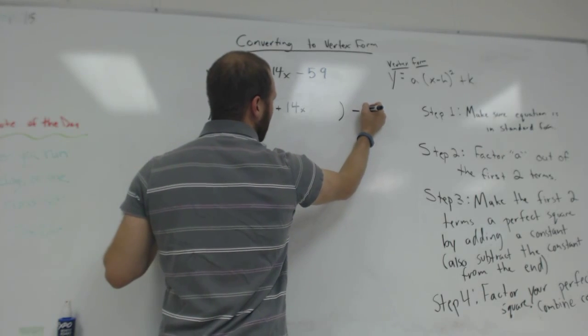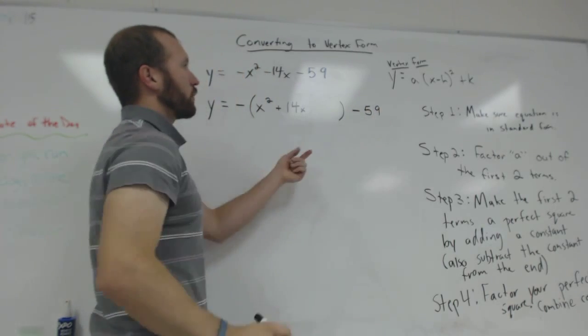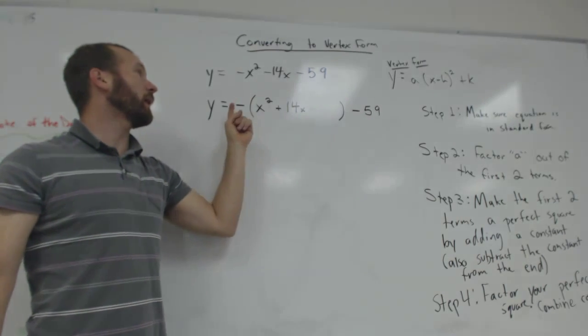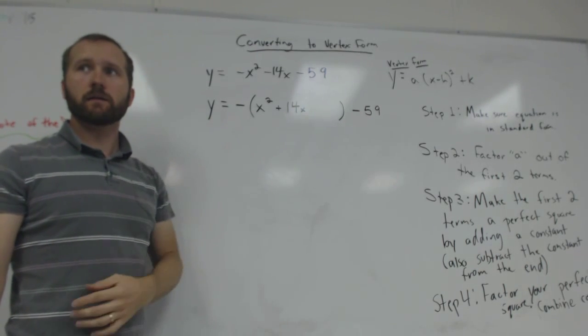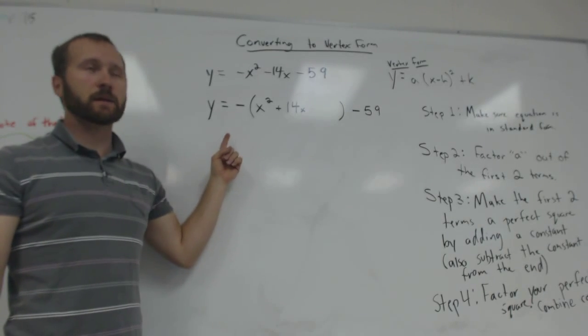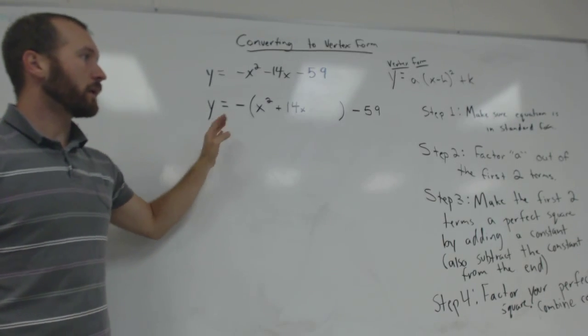And I'm keeping the minus 59 out of the parentheses. I'm not factoring negative 1 out of that. Okay? This is going to be important in the next step too. So that's step 2.